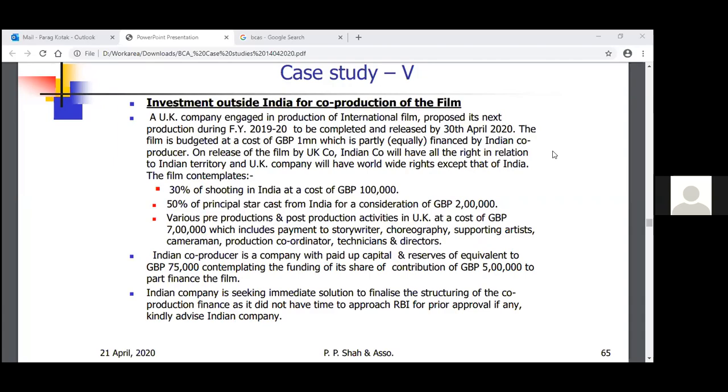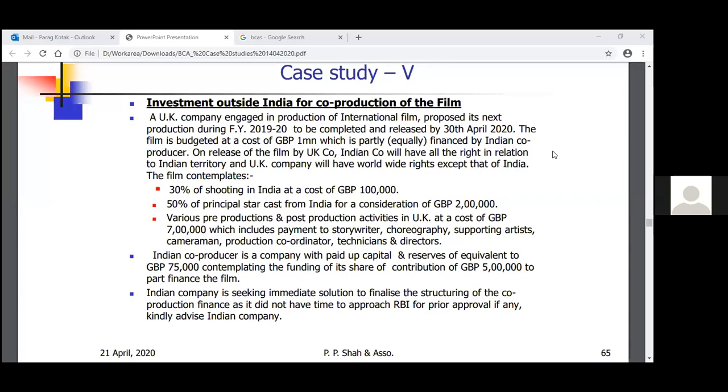If 300,000 is spent in India, he still requires 200,000 to be spent. He is still required to give 350,000 to the UK company because £700,000 is required to be spent outside India. But spending in India and spending outside India by different parties will not incorporate the commercial requirement of the parties, and therefore that solution also did not work.